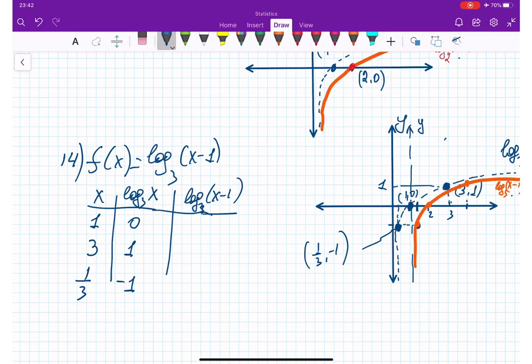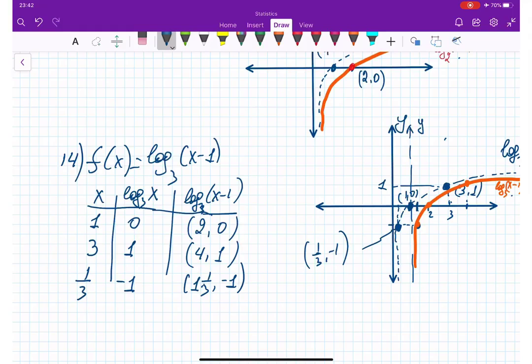The coordinate of x, I'm going to move every single coordinate by +1. It's going to be 2 and 0. It's going to be 4 and 1. It's going to be 1 and 1/3, comma, -1. These 3 points. Because x is changing by 1.